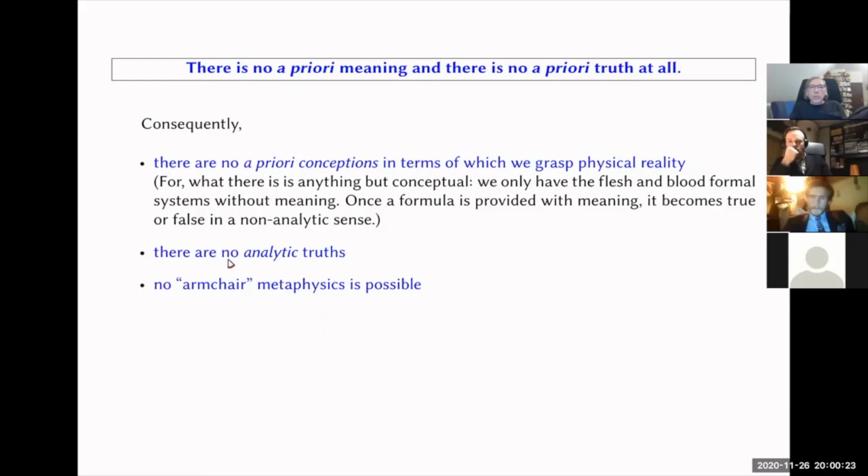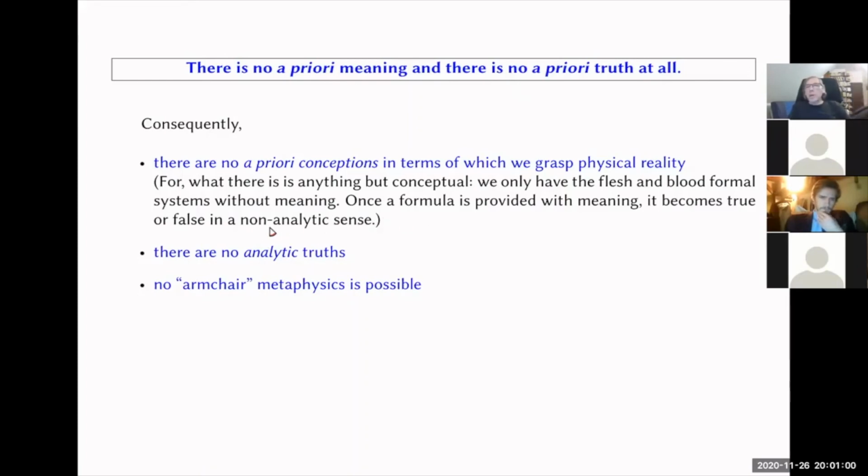So you cannot say that it is an analytic truth in the traditional sense of the word analytic, because it is a meaningless linguistic object until the whole stuff is equipped with semantics.